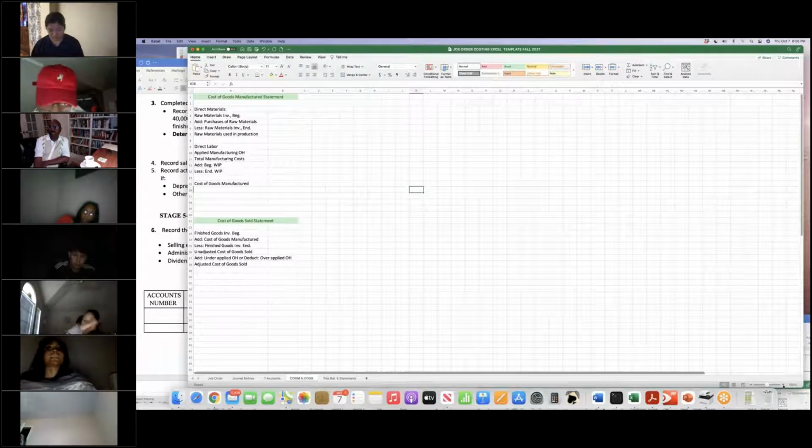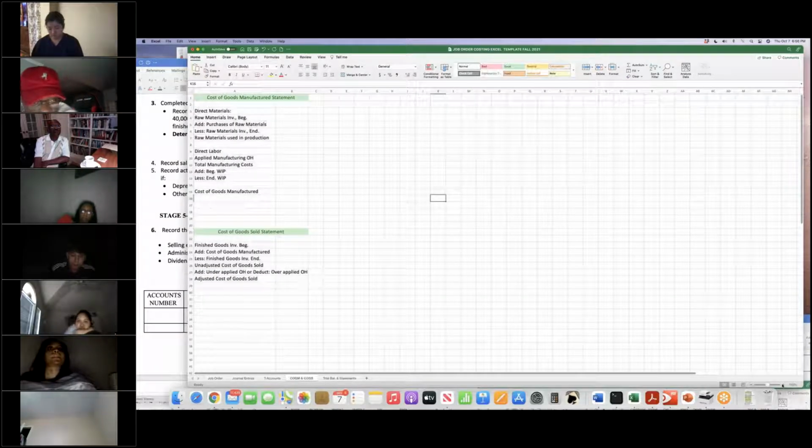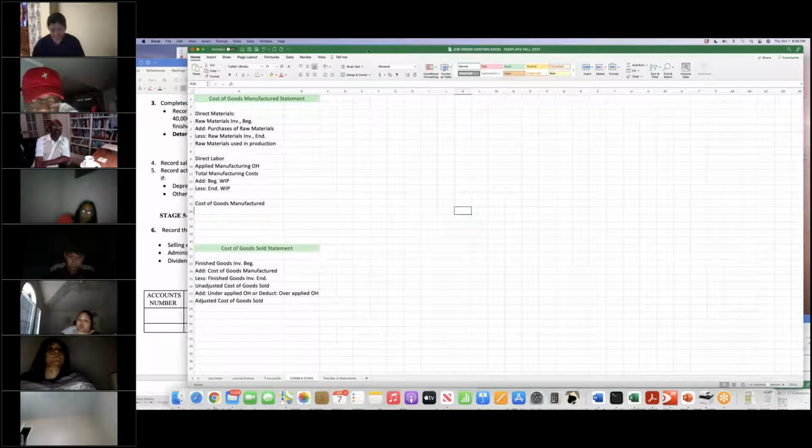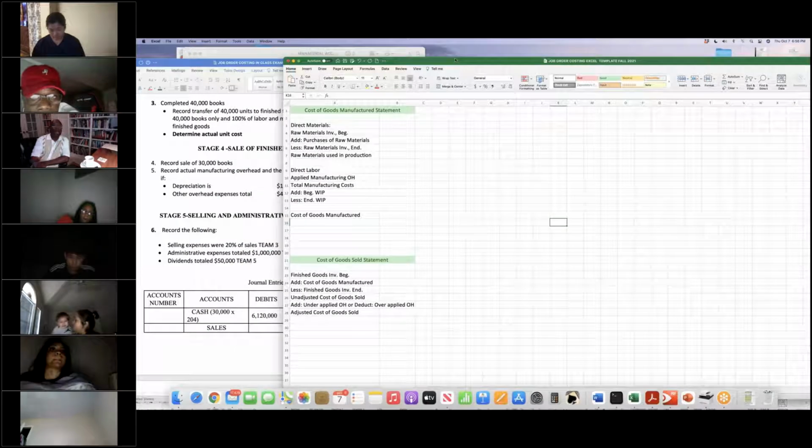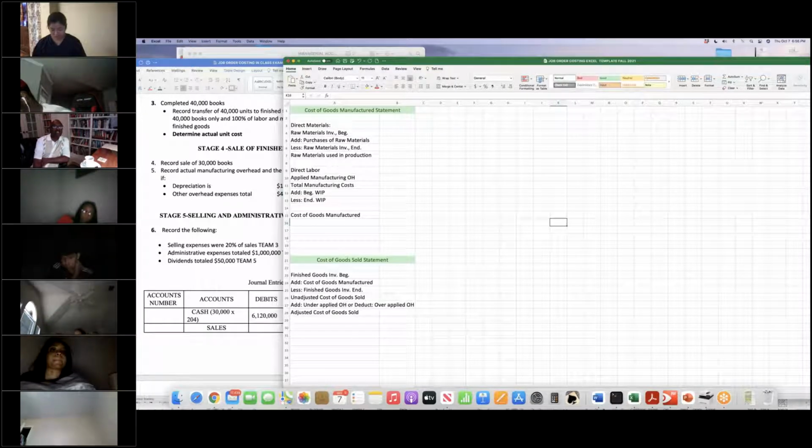So the purpose of cost of goods manufactured is just to summarize what's happened for the manufacturing for the period. And it's good to put the unit cost down too so we can compare it.